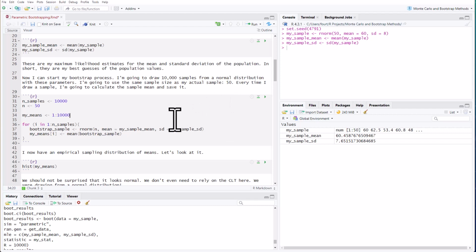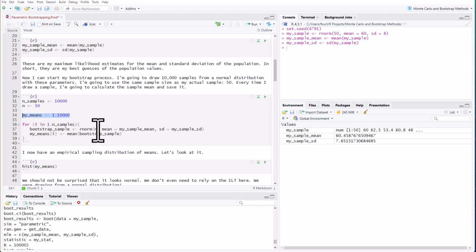And every time I draw a sample, I'm going to calculate the sample mean and save it. So here's the number of samples, 10,000. My sample size is 50. And I am going to calculate 10,000 means. So right now I have as a placeholder 1 to 10,000. So here I've created a little for loop.